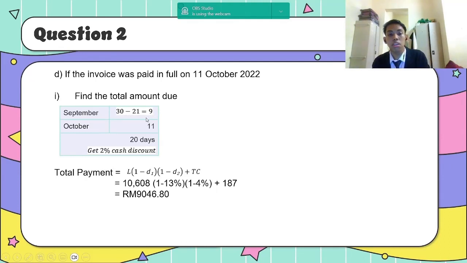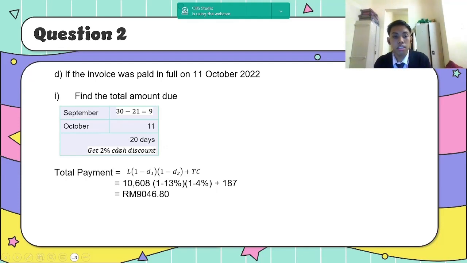But October will automatically be 11, because the question says the invoice was paid in full on 11 October 2022. And we get 20 days because 9 plus 11 is 20.